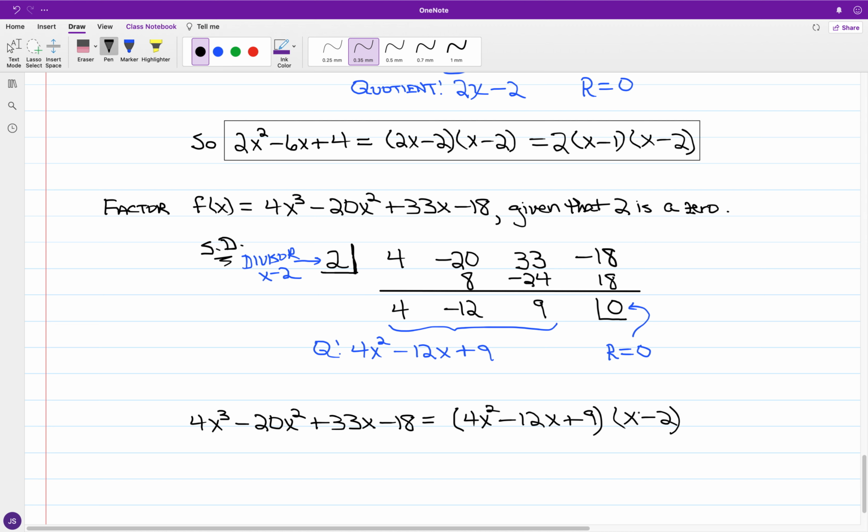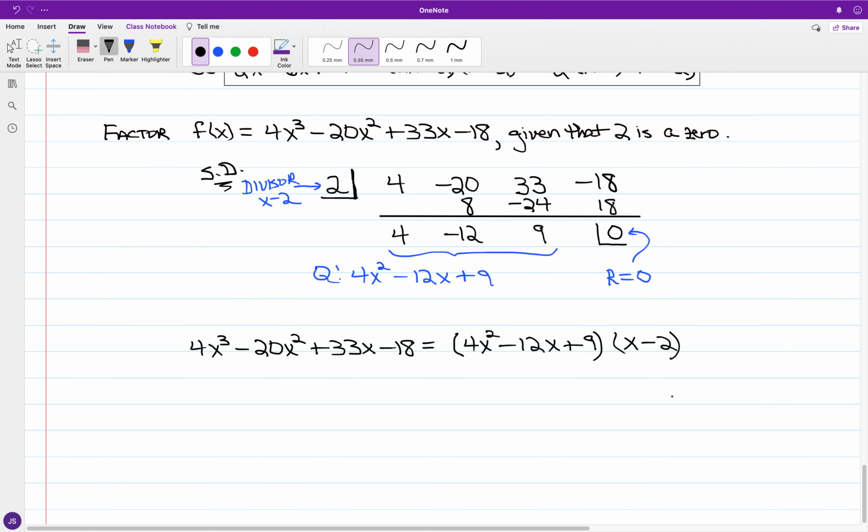It might be that with the quotient times the divisor you already have the simplified form, but the quotient can still be factored. With 4x squared, this will go to 2x and 2x, and with 9, you could do factoring by grouping.